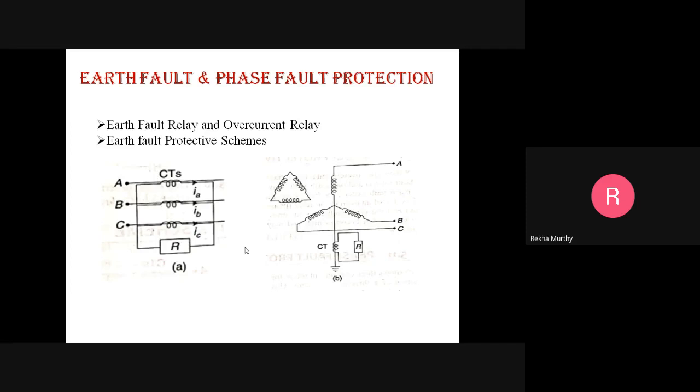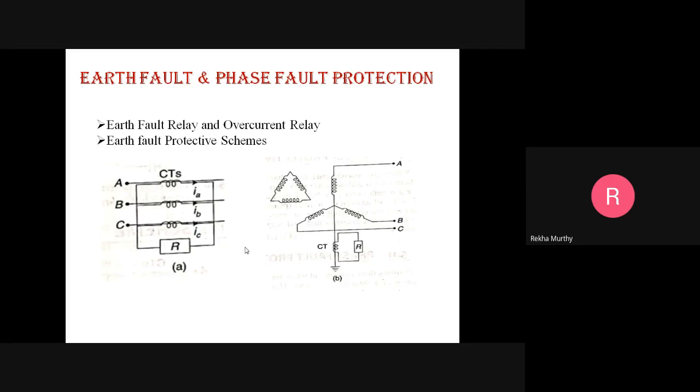The operating principle and construction features for both of these relays will be the same, but the only difference is the current levels of their operation. The plug setting for the earth fault relay varies between 20% to 80% of the CT secondary rating in steps of 10%.